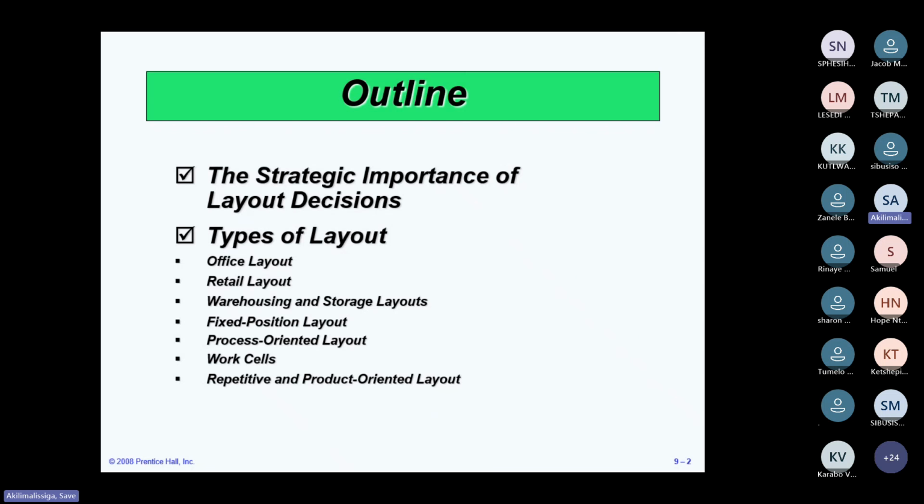Some of these layouts, you guys are encountering them on a daily basis, if I can put it that way. So this chapter is also going to allow you to tell the differences amongst the layout designs, right?